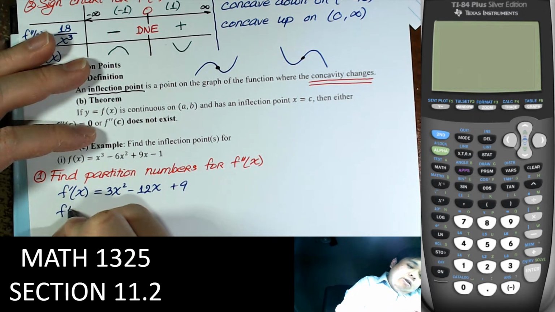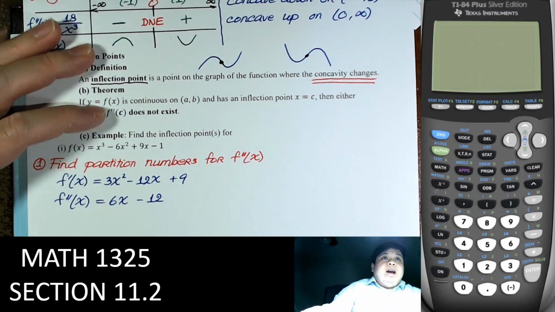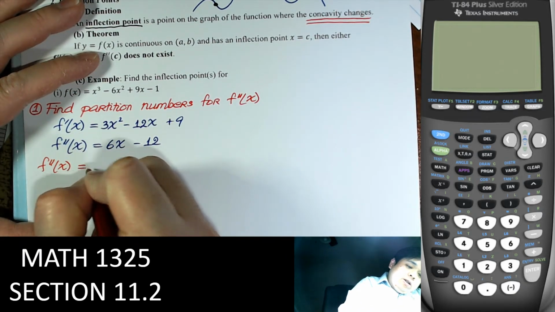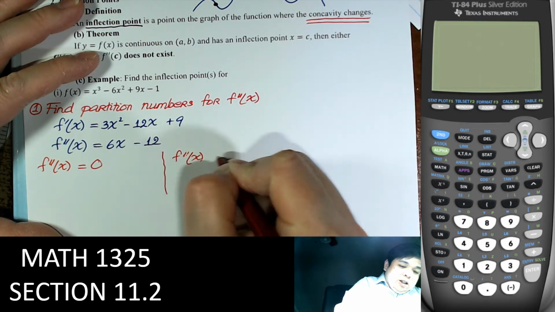And then the second derivative is 6x minus 12. And we have second derivative equal to 0, or second derivative does not exist.